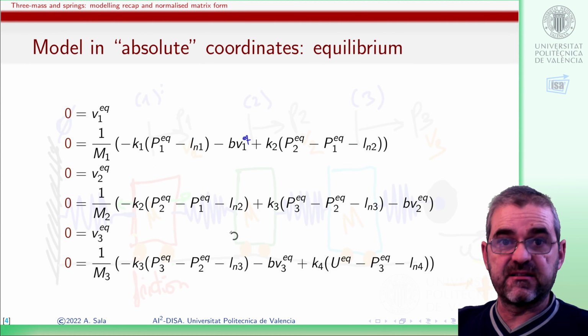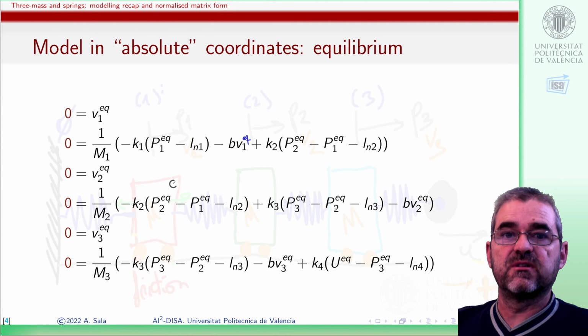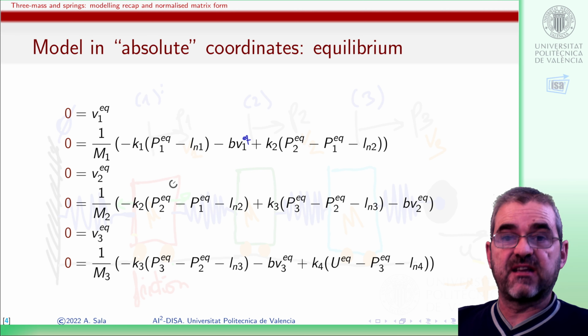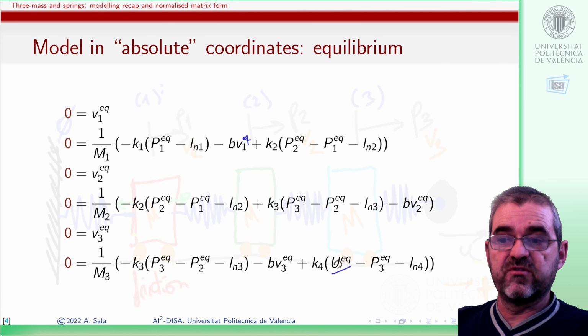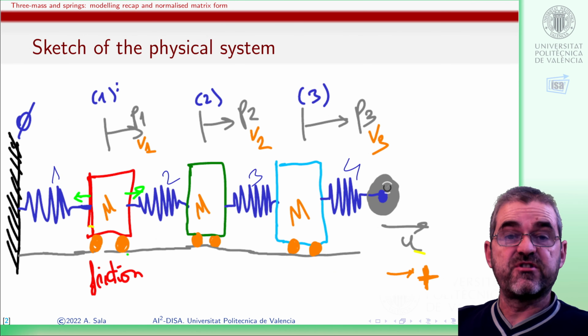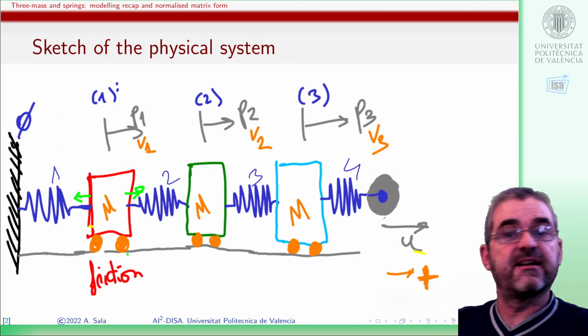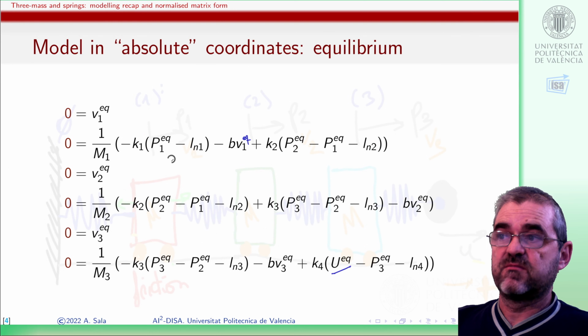Of course, there are many letters here. So in an actual engineering problem, I need to know everything except 6 of these letters. So usually, if I know the spring constants and the natural length and the input variable, the arbitrary position in which I am fixing this right end, well, then I can compute the 6 positions and speeds in equilibrium.